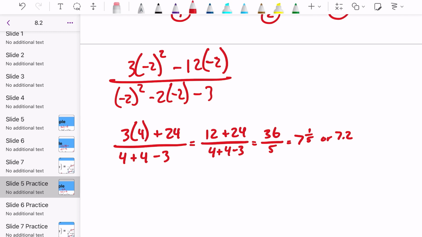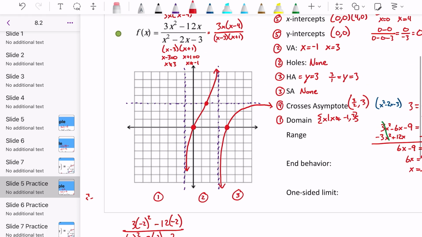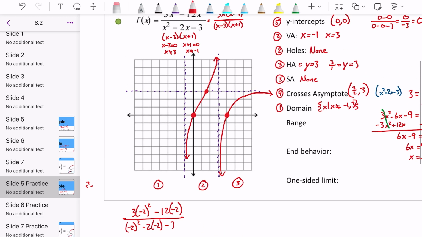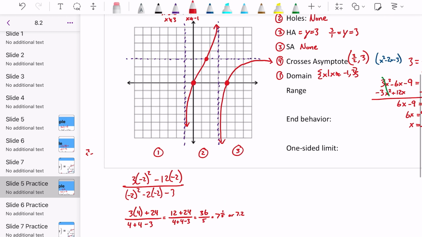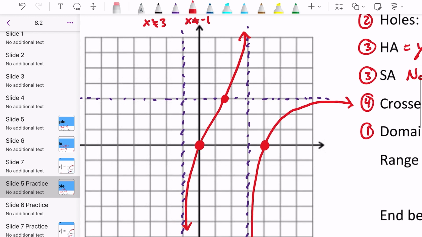Now, it's extremely important to understand the values that are coming about this. We're going to go ahead and place our point on the 7.2.